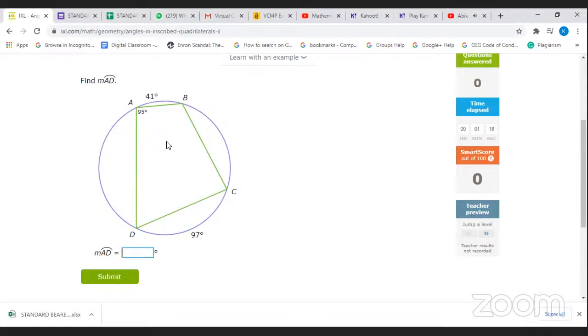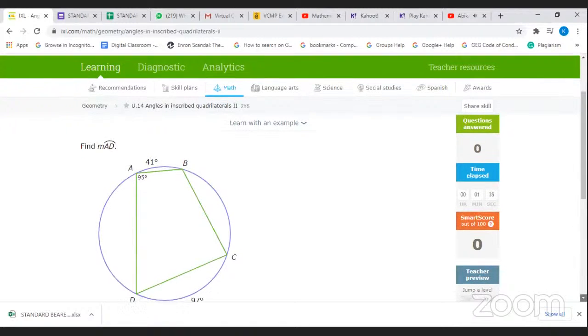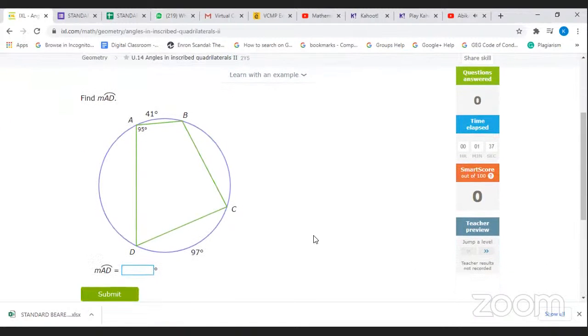So angle A is 95. And from there, it means that angle C will be equal to, okay, let me see. Angles inscribed in quadrilaterals. So the 41 we have here is another thing it's talking about. I want to believe that that should be angle at the center.